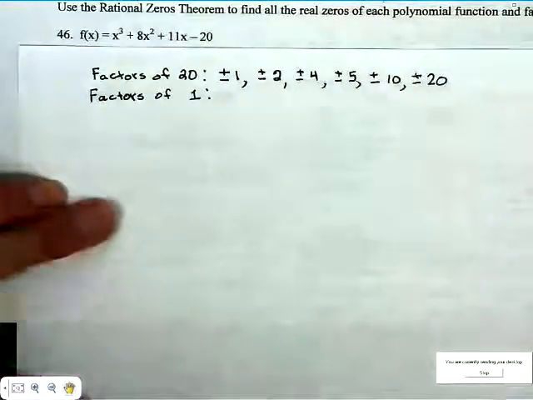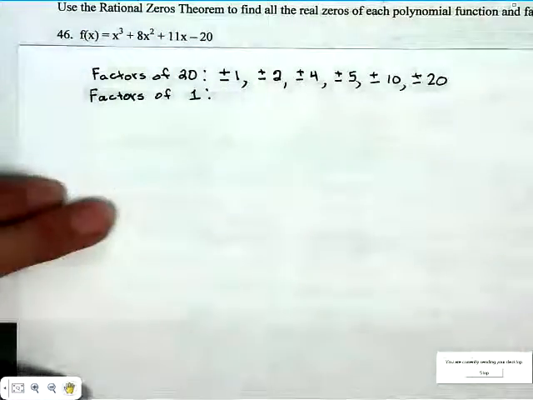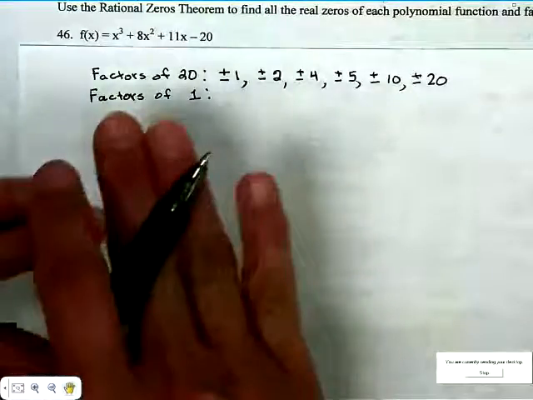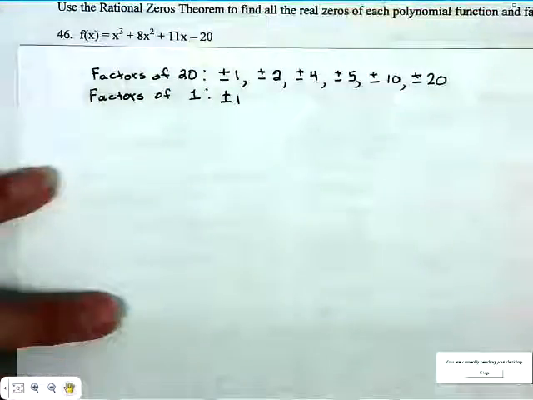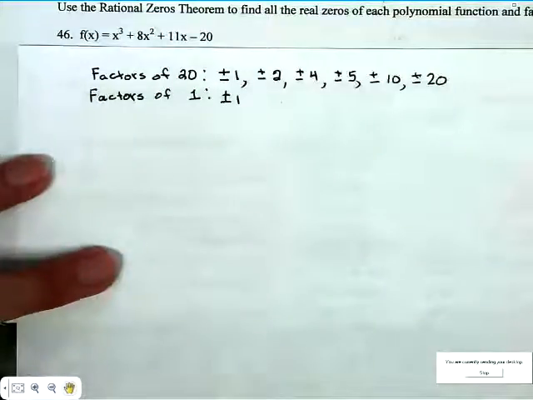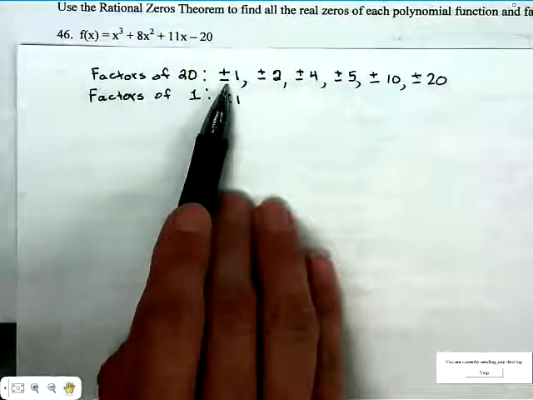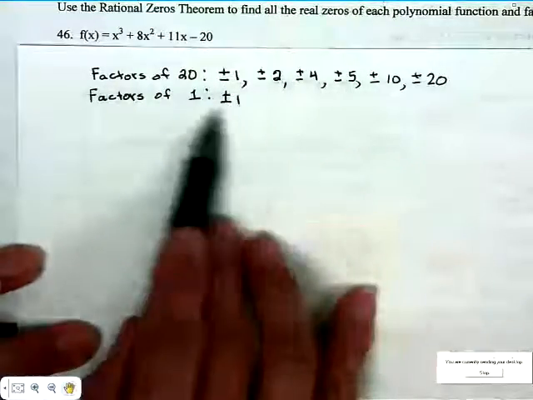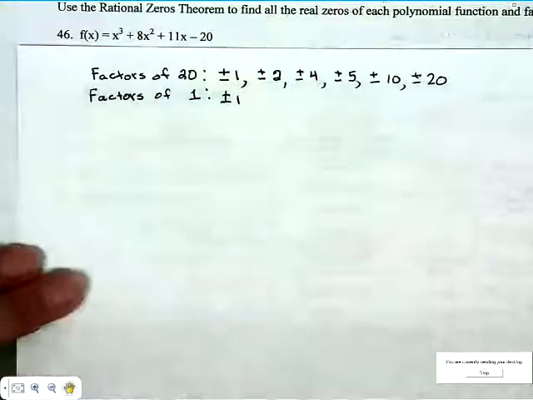Counting the positives and negatives separately, we would have 12 different factors of 20. Lucky for us, there are only two factors of 1, positive and negative 1. The possible rational zeros theorem tells us my first zero has to be a combination of these over these. Factors of the constant divided by factors of the leading coefficient.